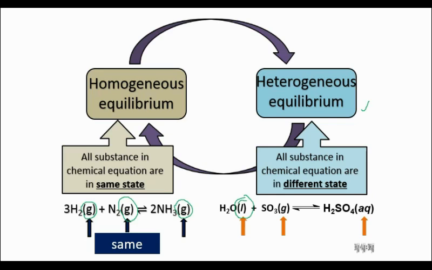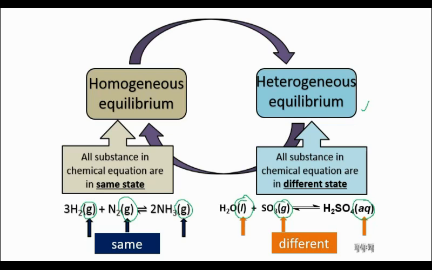What about heterogeneous equilibrium? Let's look at the example given. We have a reaction between water and sulfur trioxide, forming sulfuric acid. If you look at the equation, the water is in liquid state, sulfur trioxide is in gaseous state, and the sulfuric acid is in aqueous state.